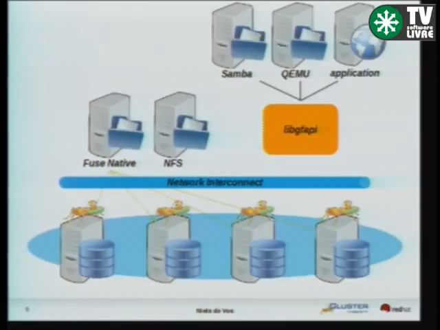We have another client access model that is a library. This library can be used, for example, in Samba. Samba is the CIFS access protocol, and there is a GlusterFS plugin upstream in the Samba repository. It links to libgfapi. So libgfapi is the library, and you can link with this library from Samba.